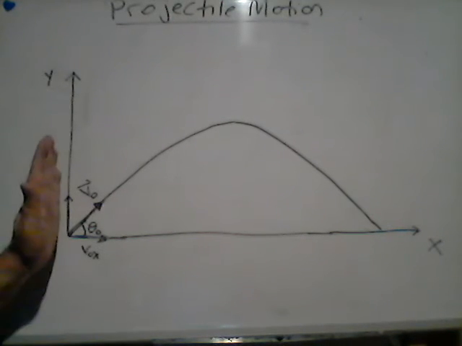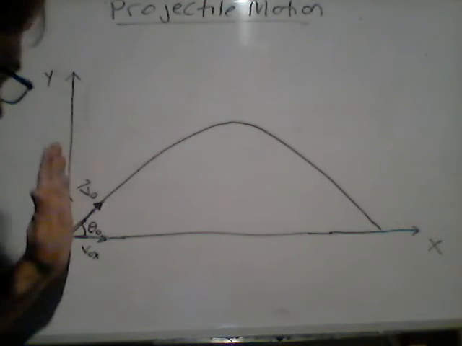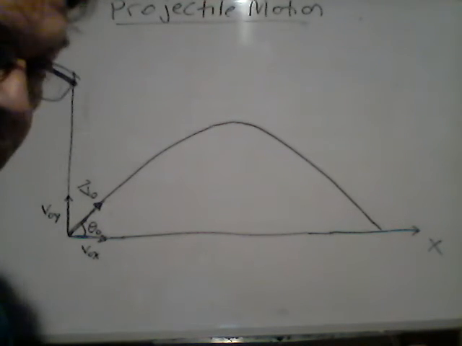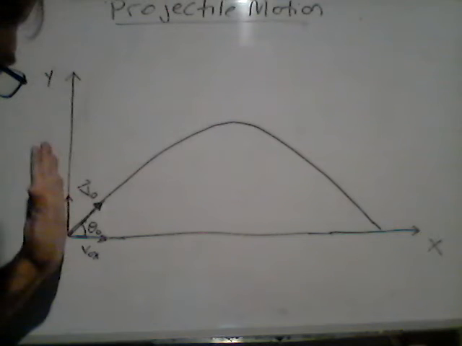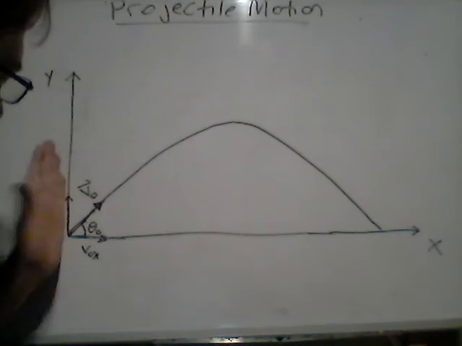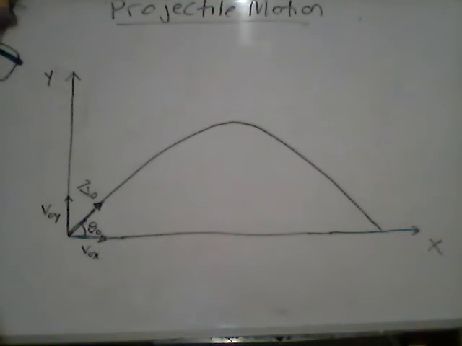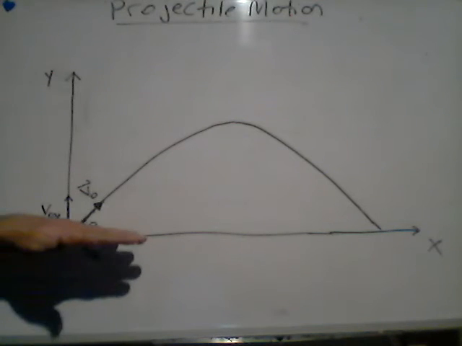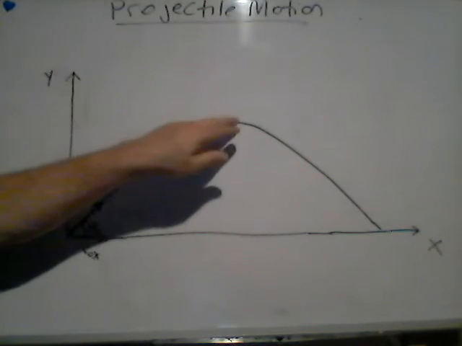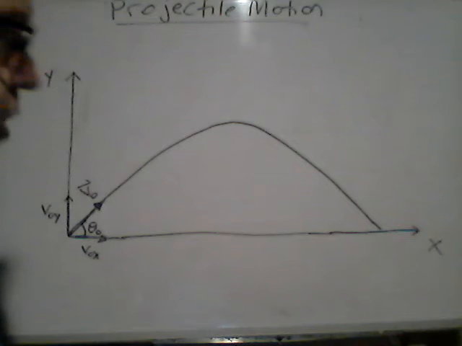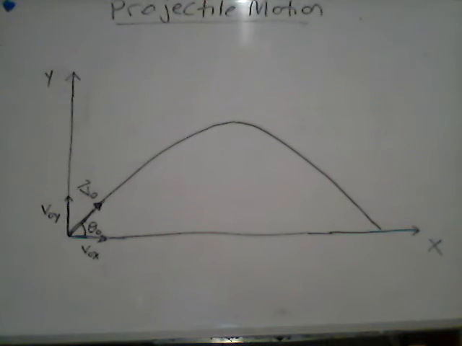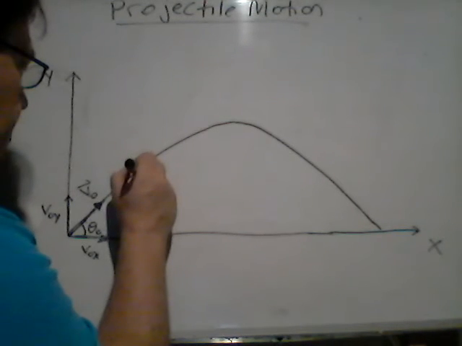Okay, so we know that if the y component is experiencing free fall, then the largest velocity that the y component will experience will be the initial velocity. As the projectile rises up toward its pinnacle, the vertical component is going to get smaller and smaller. We saw this last time. So let me pick a few points. Let's say I'll pick a point over here.